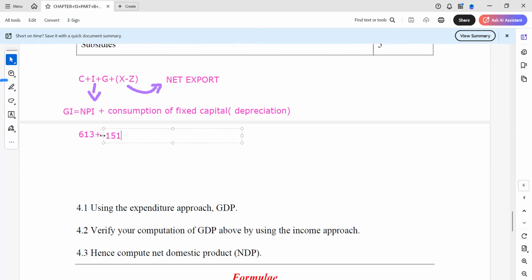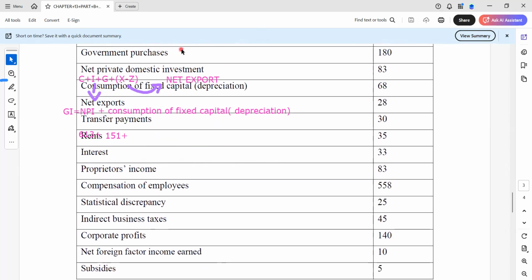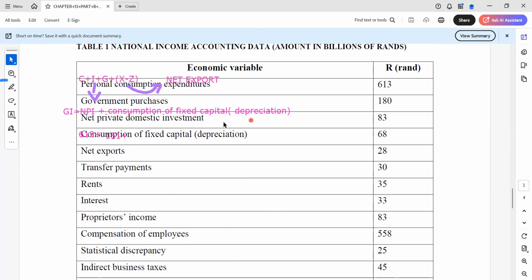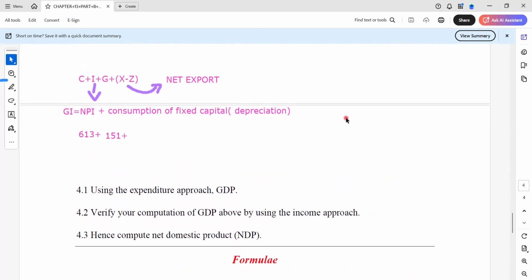151 plus, okay. We also have to add the government expenditure, because we're adding all the expenditures, right? So government expenditure, now it's government purchases, 180. So then plus 180, plus exports minus imports, right?